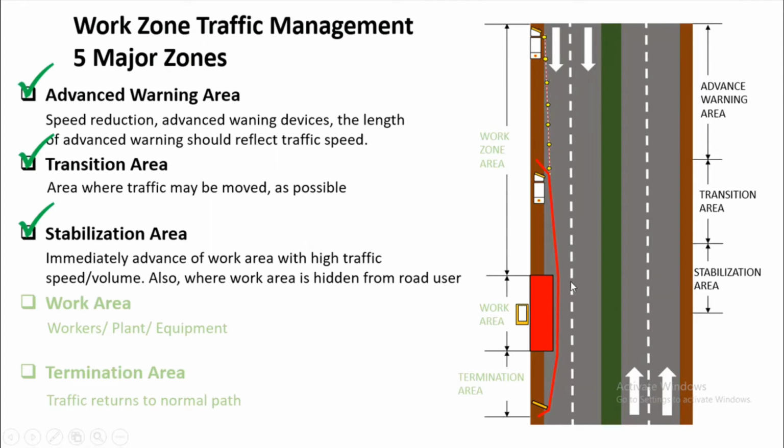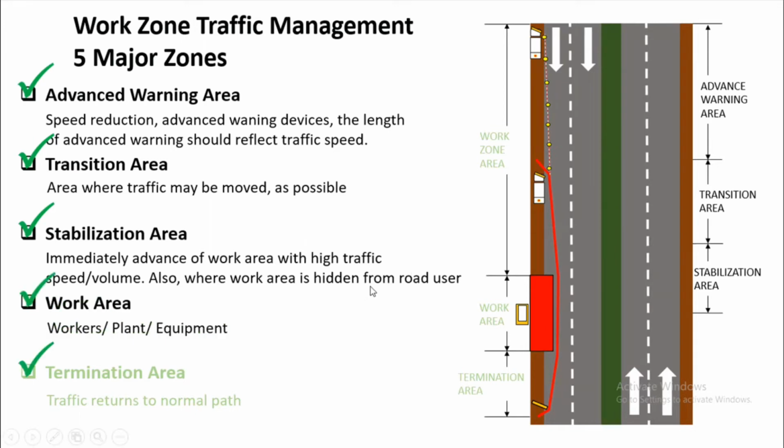But in this location, the motorist cannot see the work area because of the height of the barriers that you provided. So they don't know that there are some person or there are works ongoing on the sides of the live traffic. So this is we called a stabilization area.